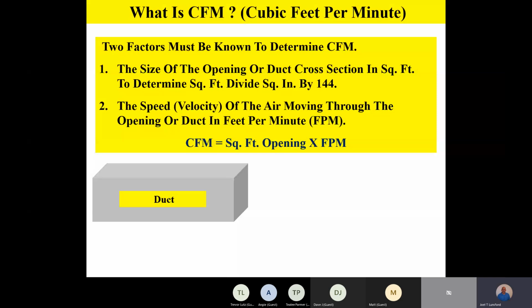The very first reading we have across this grill in this example is 325 feet per minute. So you're just going to keep adding the numbers until we get to the end, and then you'll divide by the number of readings, in our example 6.